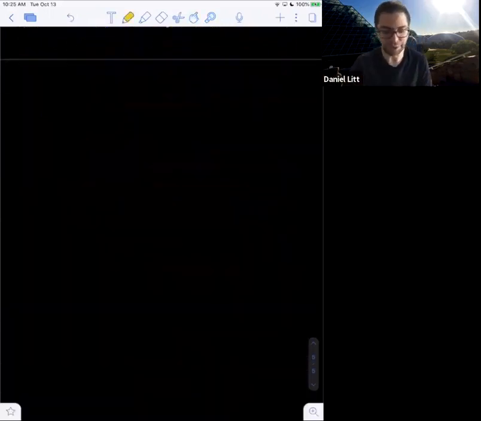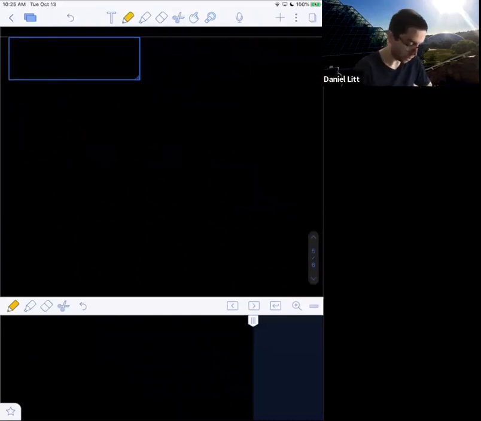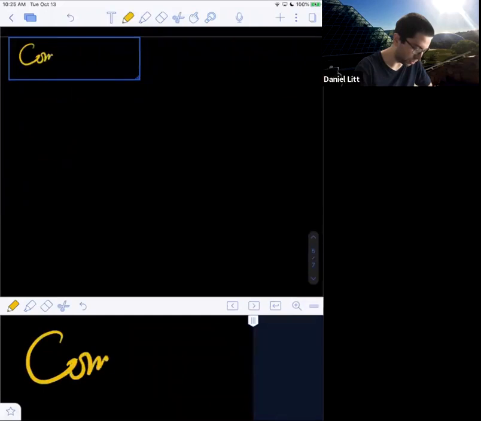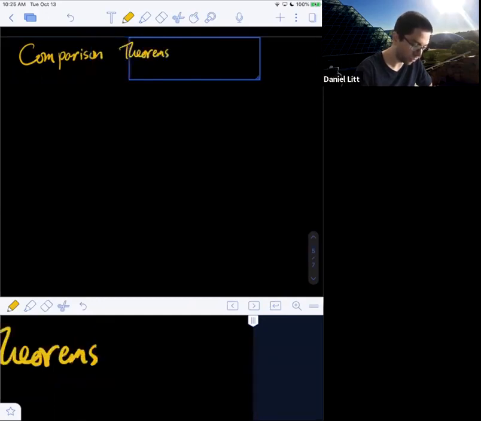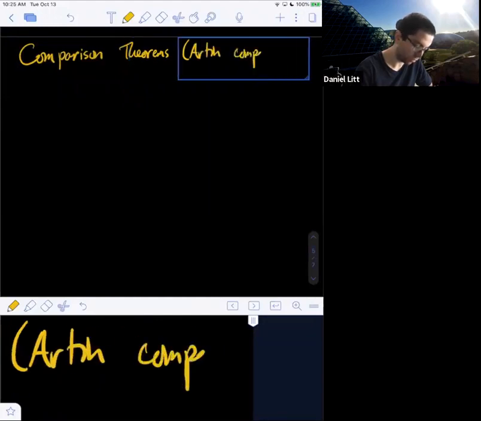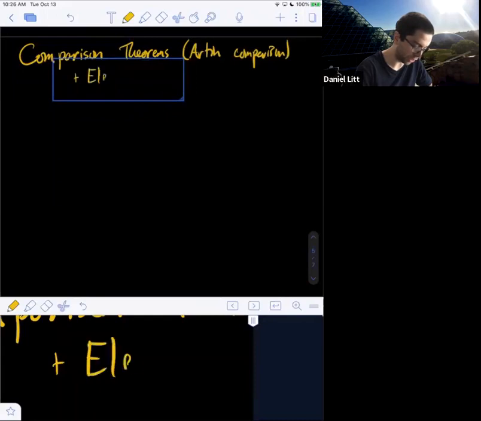All right, so continuing in our quest for computational tools, I want to now start proving, modulo a hard geometric statement, Artin's comparison theorem. So I want to prove some comparison theorems, in particular Artin's comparison theorem. The main geometric tool I'll use is an object called an elementary fibration.